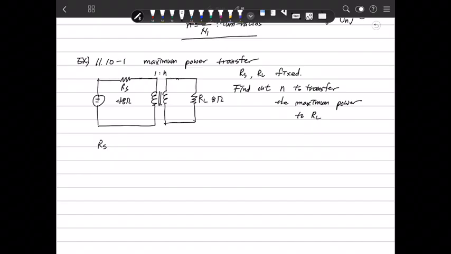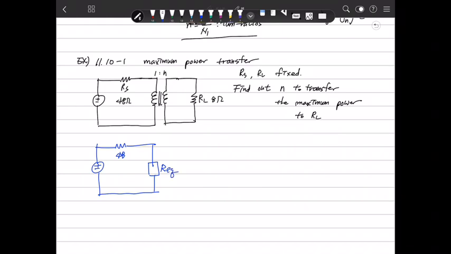So to do that, through the maximum power transfer theory, the circuit looks like that, and we have another impedance here. This is 48, and this is R equivalent.